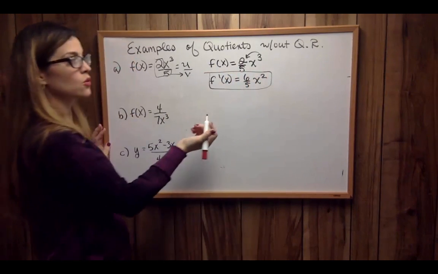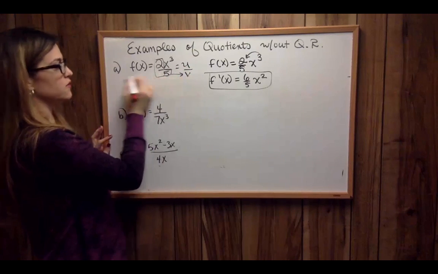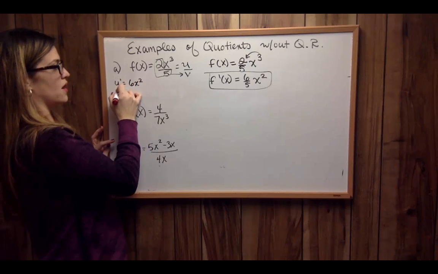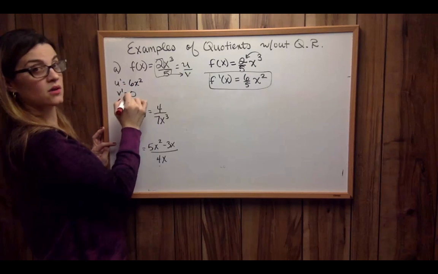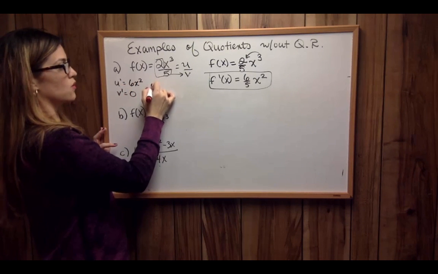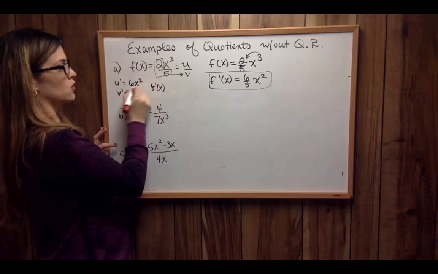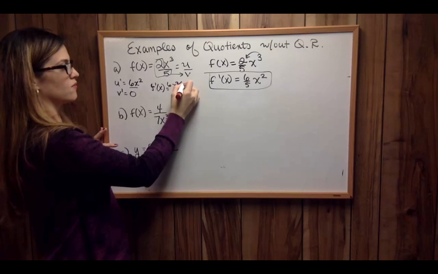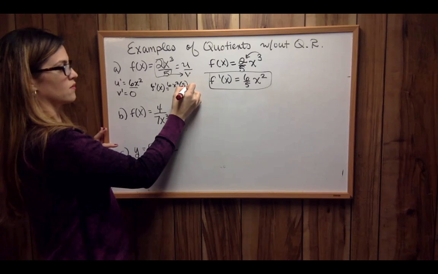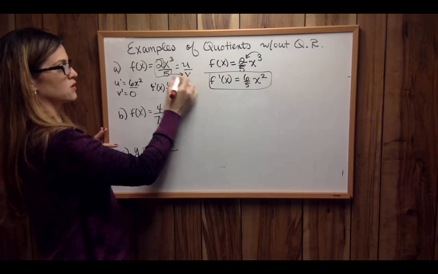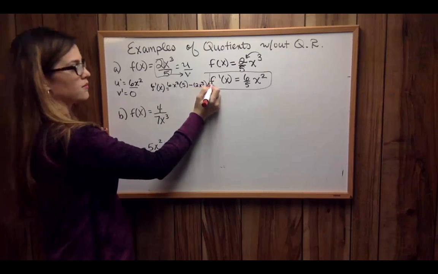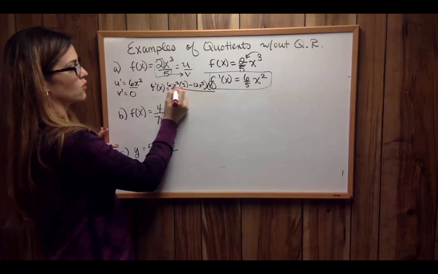Now, if you did the quotient rule, this would have been your u, that's your v. Your u prime would have been 6x squared, and your v prime would have been 0. So the derivative would have been u prime v minus u, sorry for the squishing, v prime, 0, all over v squared.